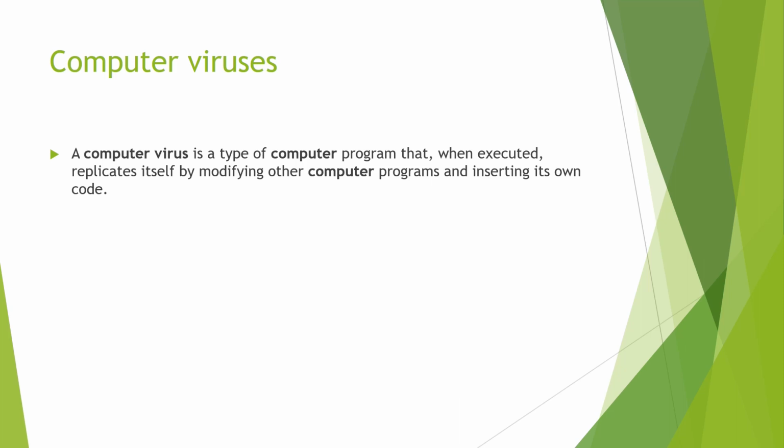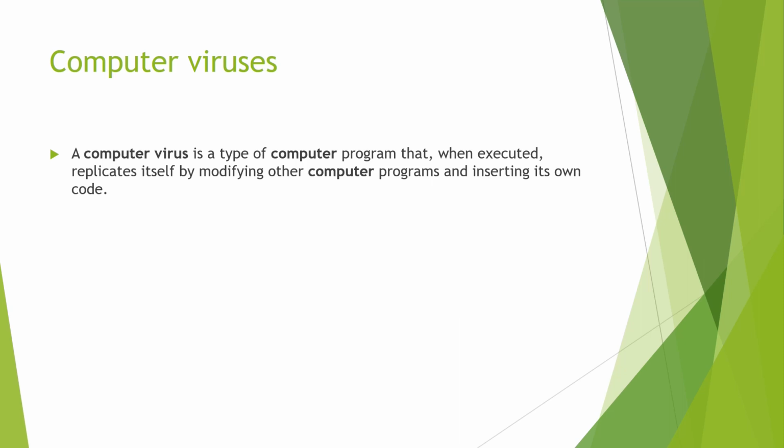Whenever the data file travels across a network, the virus travels with it. The data file is called a carrier file. When a user downloads a carrier file onto his computer, the virus infects the computer.